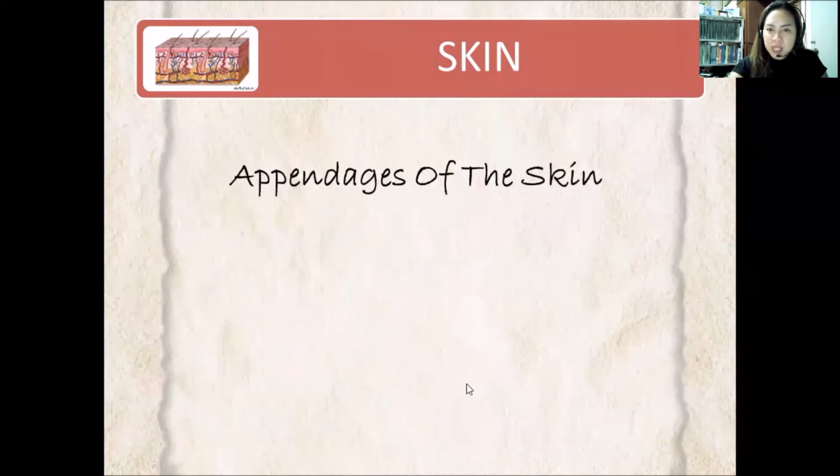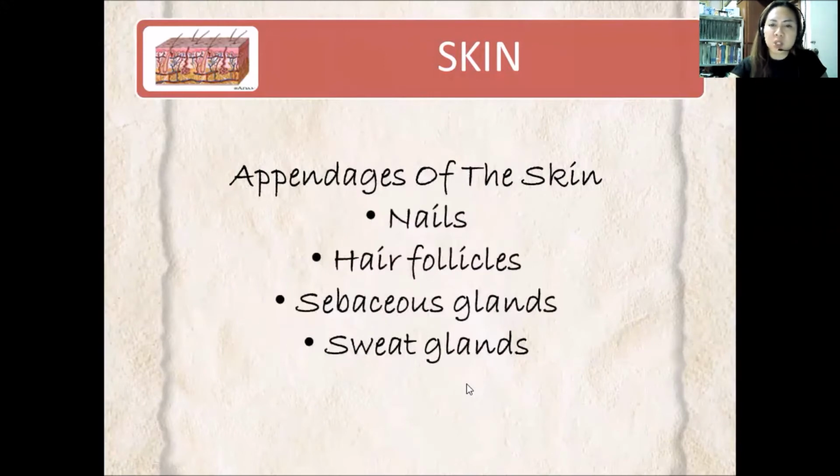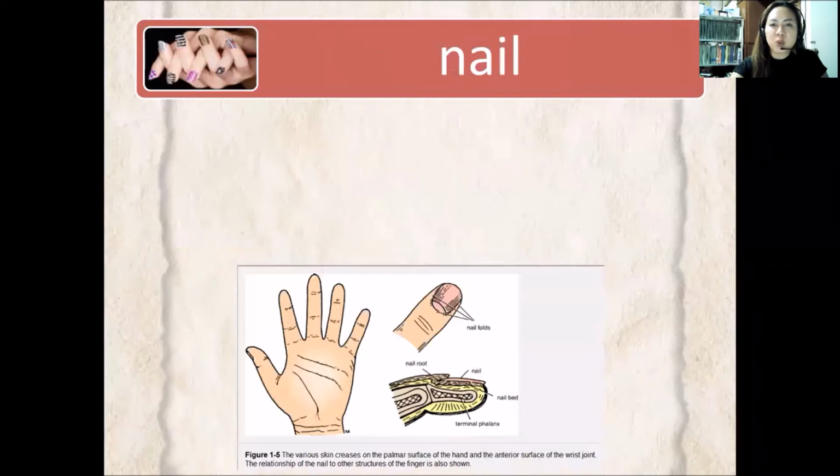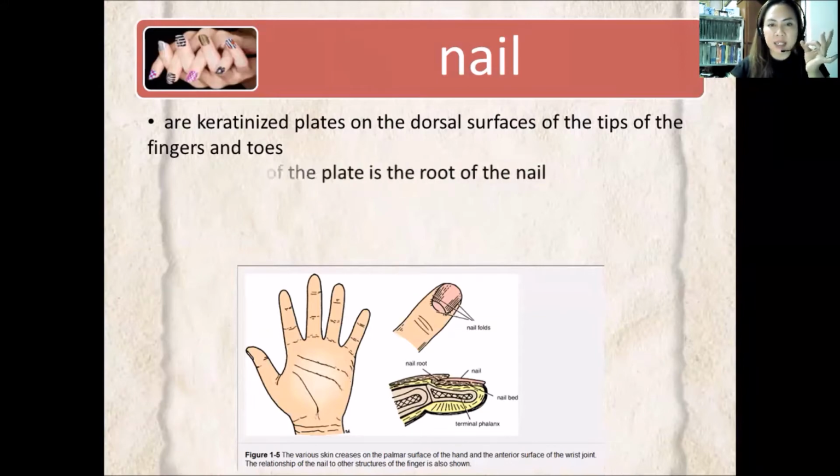So aside from the skin, no, there are appendages of the skin. Ano etong mga appendages? You have nails, the hair follicles, sebaceous glands, and sweat glands. Pag sabihin nating nail, etong kuko, ito, keratinized plates on the dorsal surfaces of the tips of the fingers and toes. They are keratinized. Okay?